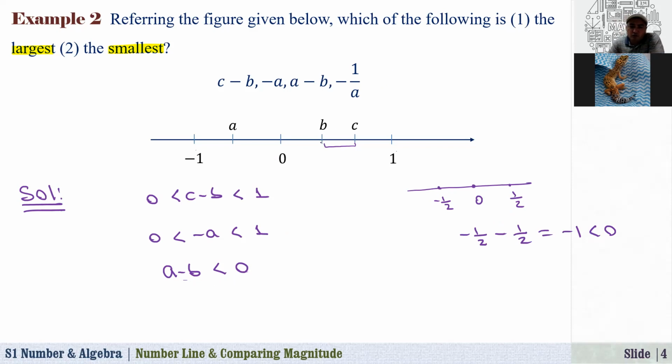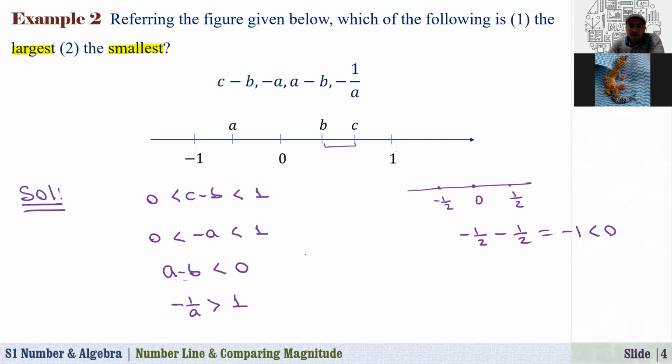And how about negative 1 over A? A is a negative number, so if you multiply negative by negative, it will be positive. And you are dividing 1 by a number which is less than 1, so it is greater than 1. So minus 1 over A is positive, and more than that, it is greater than 1.